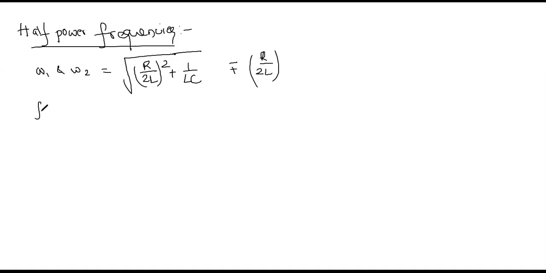Now, in terms of frequencies in hertz, that is F1 and F2, instead of omega 1, replace 2 pi F1. So F1 equals this complete term divided by 2 pi.